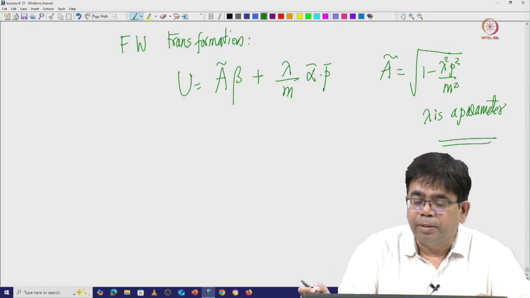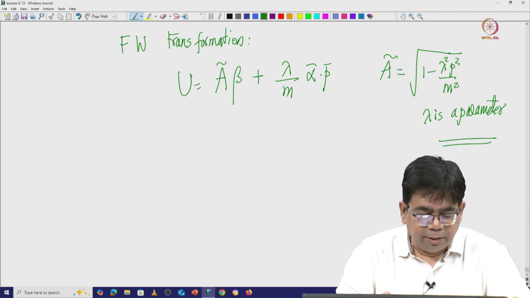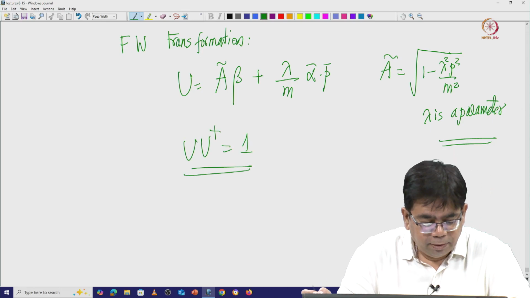It is very easy to see that U dagger U is equal to 1, so it is a unitary matrix essentially.